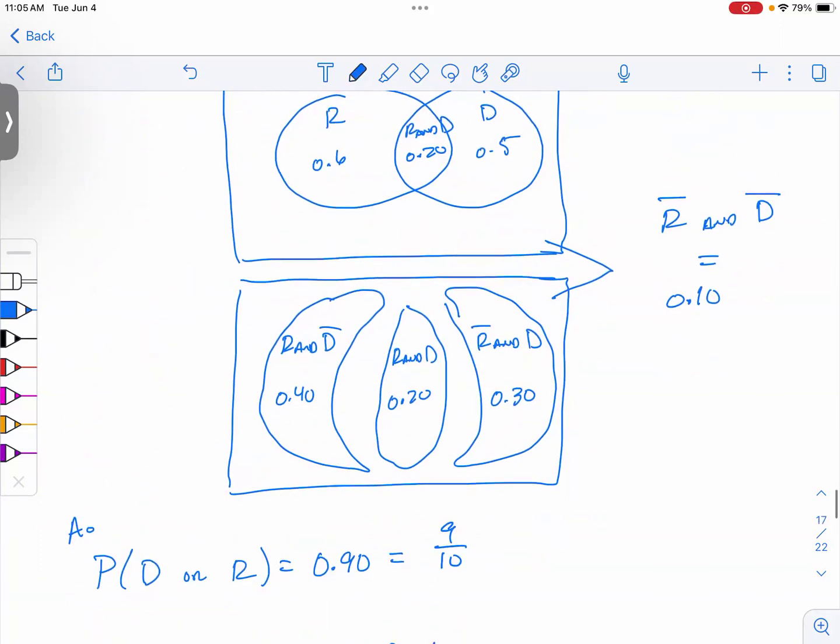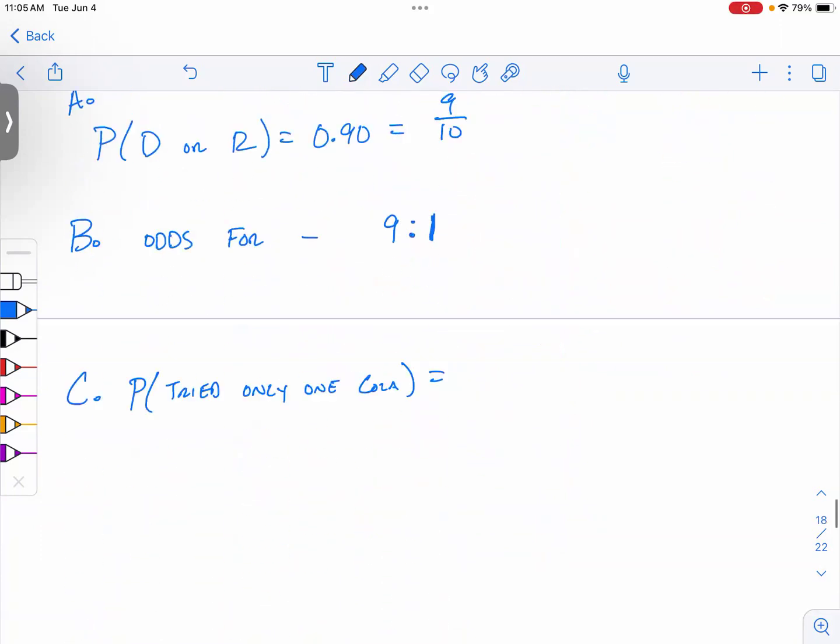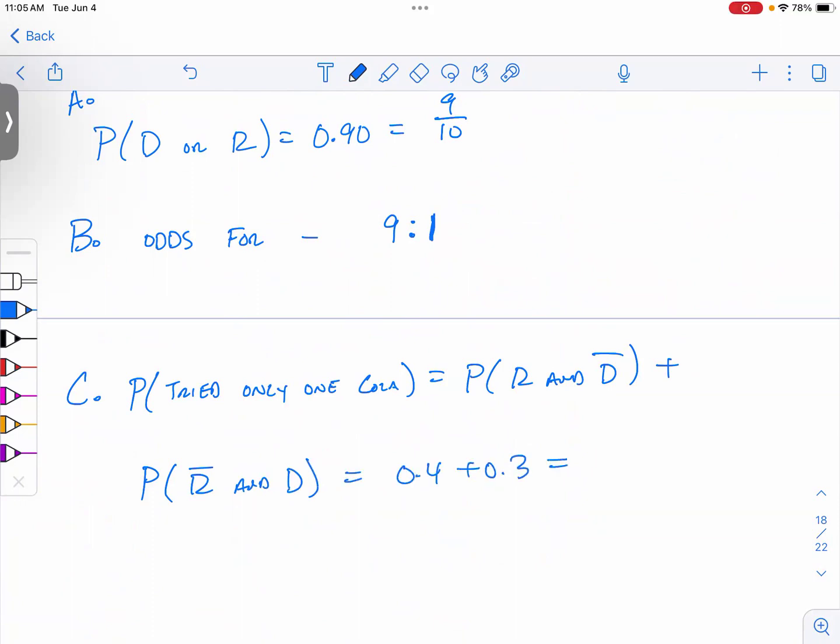I'll write this out: probability of R and not D plus probability of not R and D, which is 0.4 plus 0.3, which is 70%.